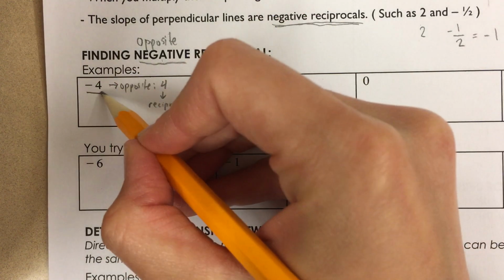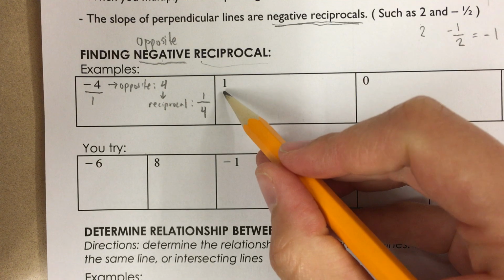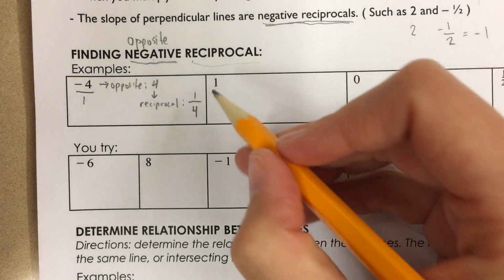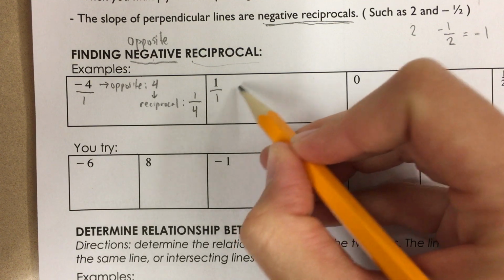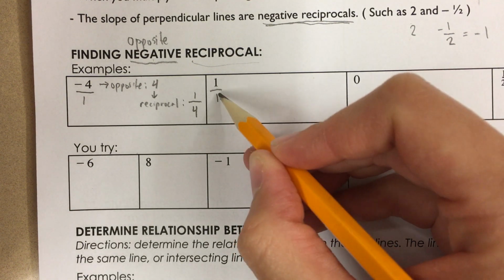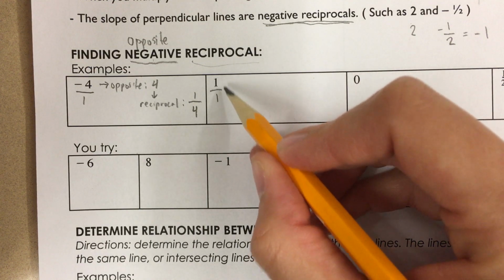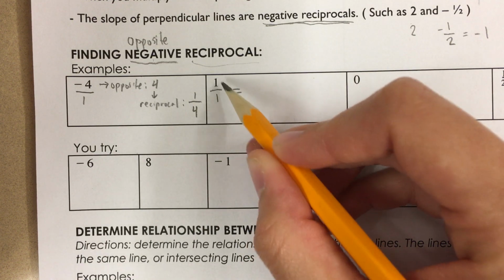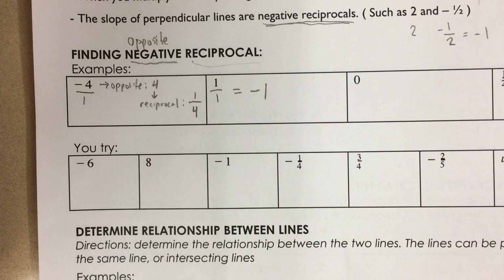This was -4/1, and this is +1/4. How about the negative reciprocal of the number 1? Well, this is +1/1. So we're going to flip it over. That doesn't change anything. Flipping 1/1 is still 1/1. So flipping it in this case doesn't change anything, but the opposite reciprocal or negative reciprocal of 1 is -1.